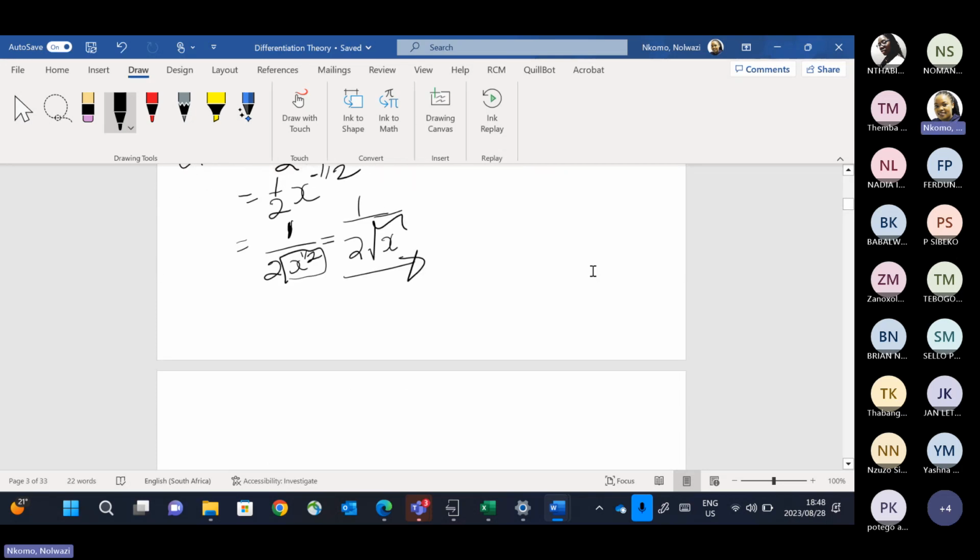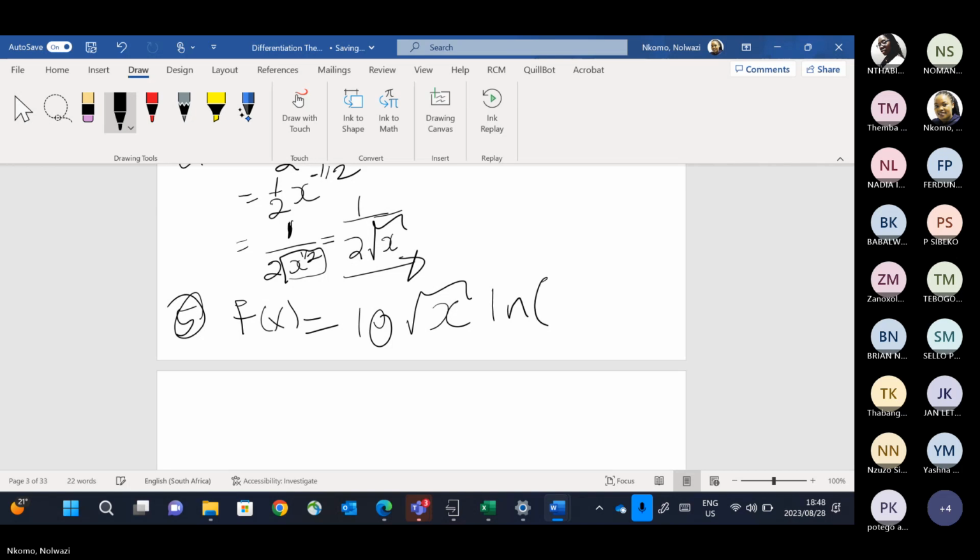In your own time, please, let's try and work on this one. f at x equals 10 root x. Again, here you have to find f prime at x.